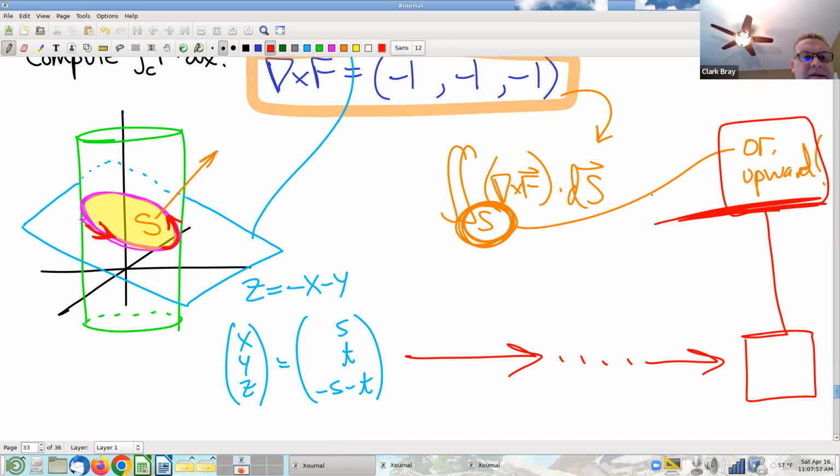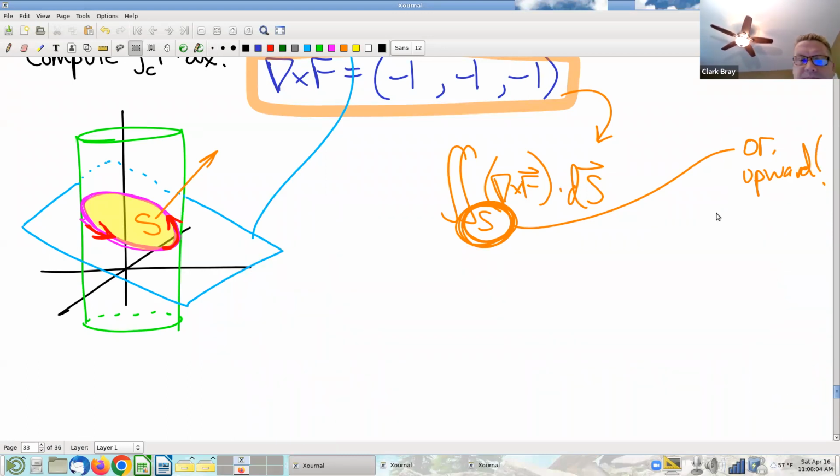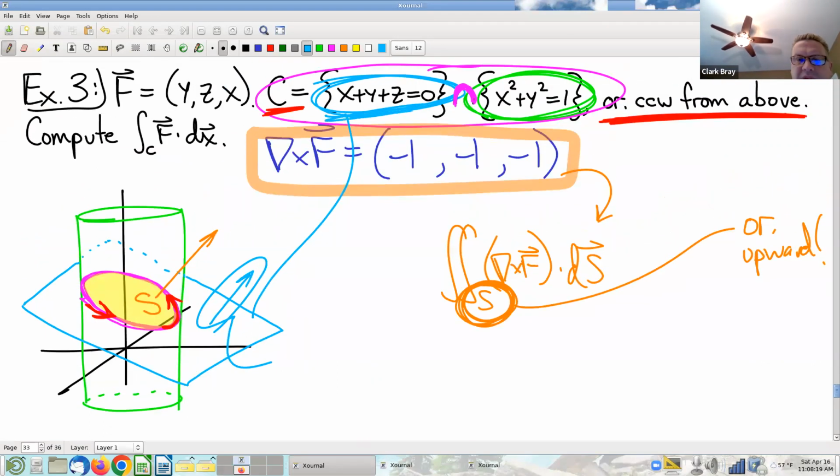I can bypass all of this by just noticing that my normal vector, right, that normal vector, I can look at the equation of the plane. From the equation of the plane here, doesn't it immediately follow that n equals, and I want to keep this a question mark, (1, 1, 1).